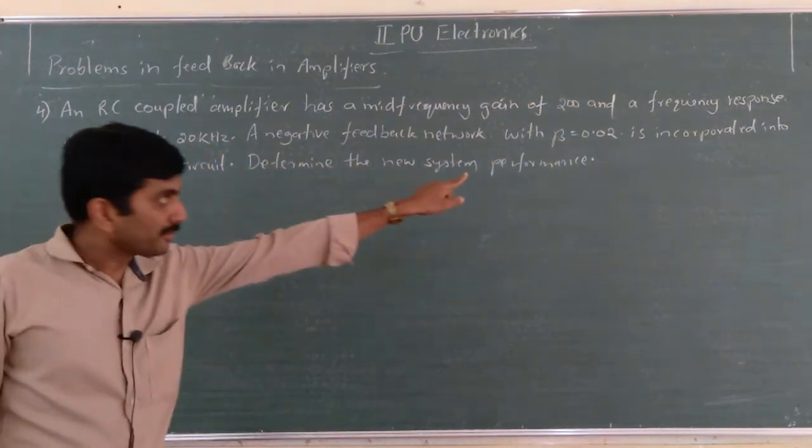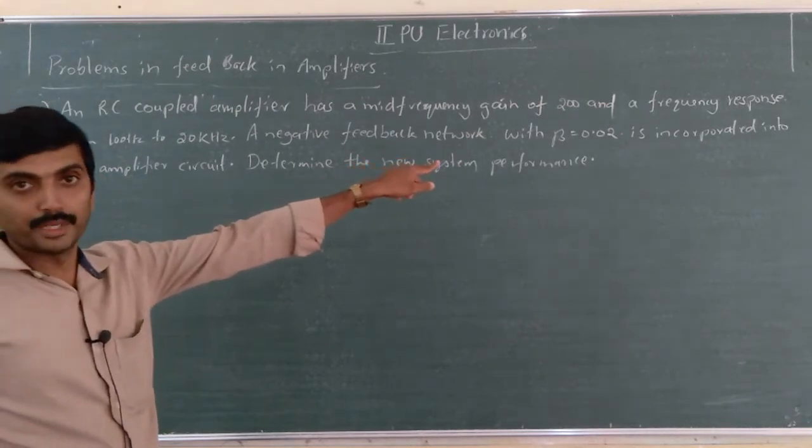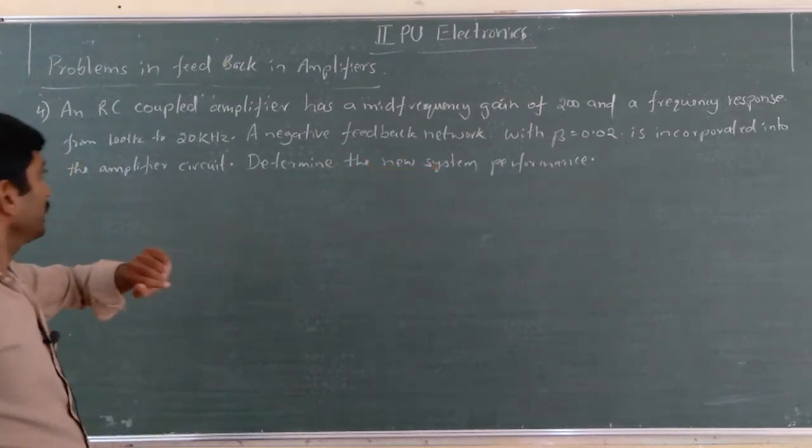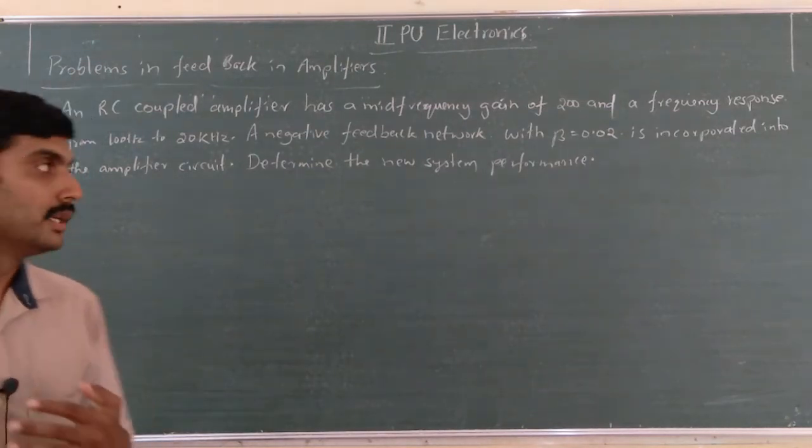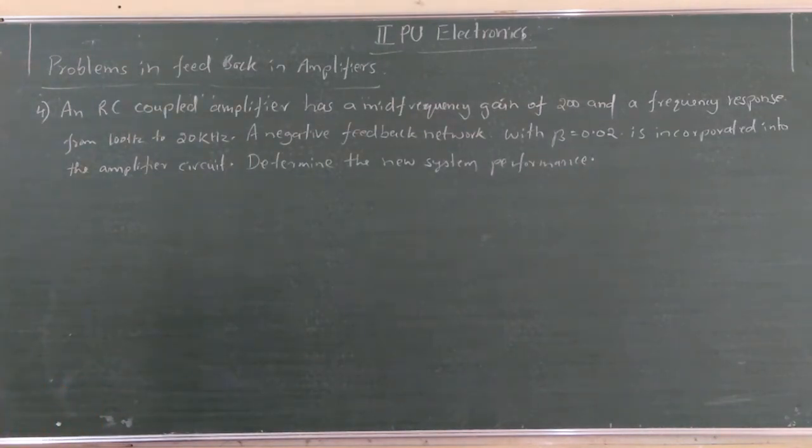Okay. After feedback of beta equal to 0.02, new system performance, how it affects the mid band gain, lower cutoff frequency, higher cutoff frequency. Okay. This you have to calculate. Next, solution.